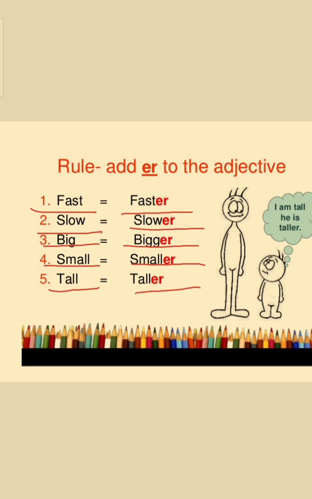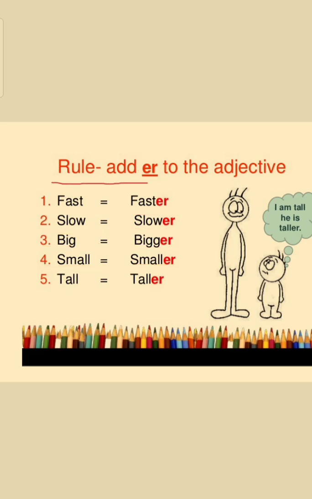So generally আমি কি কৰোঁ, positive ৰ পৰা comparative degreeলৈ change কৰিবৰ কাৰণে we add er to the adjective. Adjectiveৰ পাছত আমি er add কৰোঁ to make it a comparative degree, right?